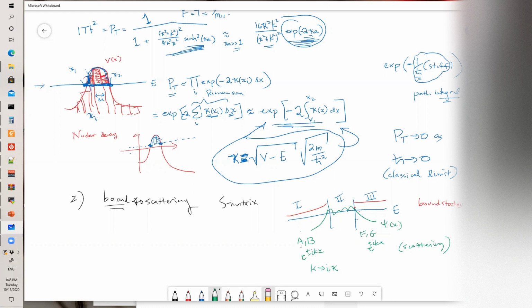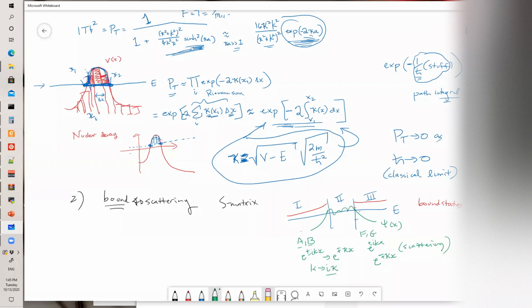So the coefficients A and B now correspond to, instead of plus or minus ikx, minus plus kappa x, because i times i gives you a minus sign. And out here, F and G will also correspond to minus plus kappa x.